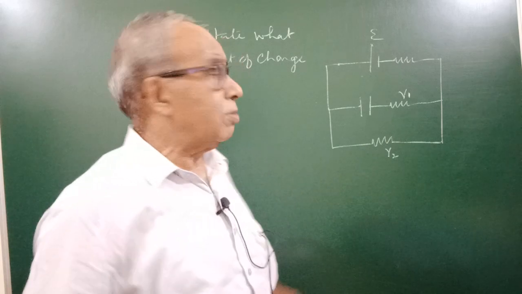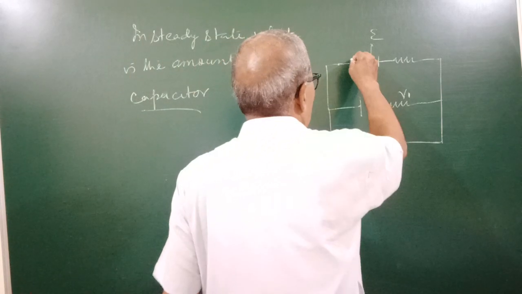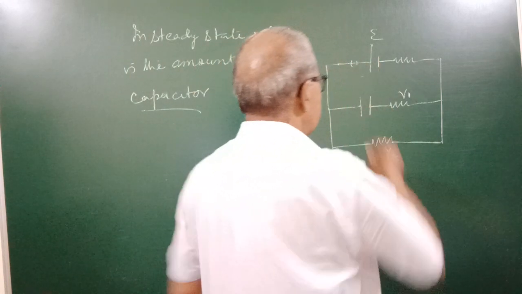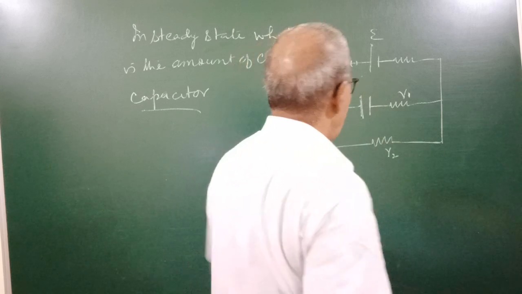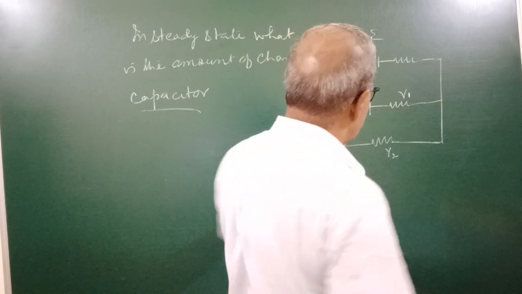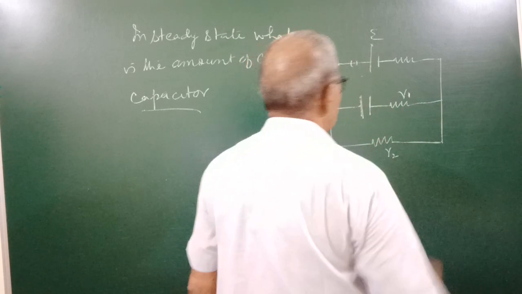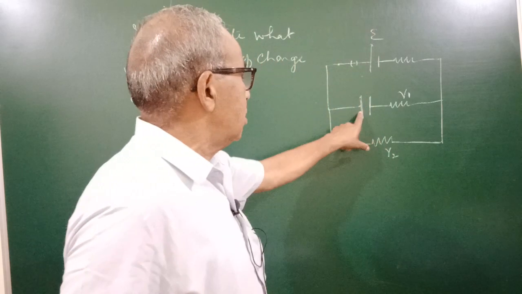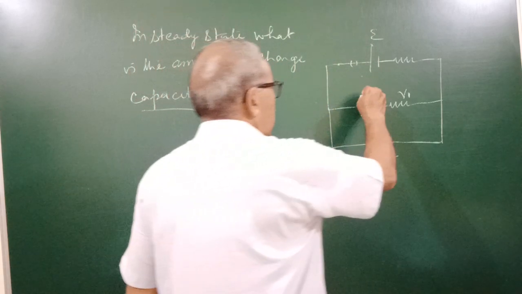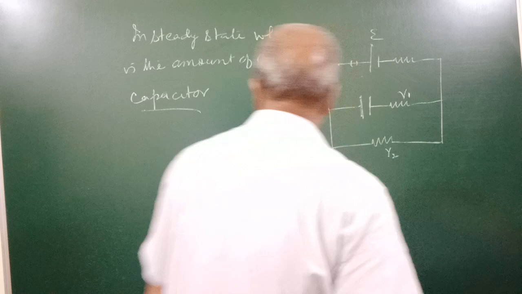Steady state means actually when we switch on the circuit, charging of the capacitor will take place. So current may flow in this branch also and this also. But when it gets fully charged, no current will flow.